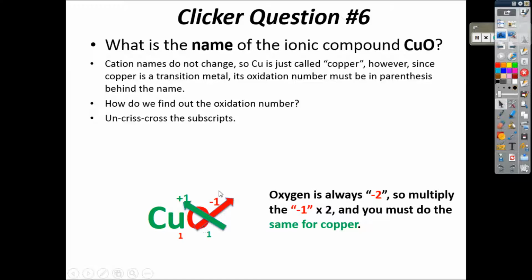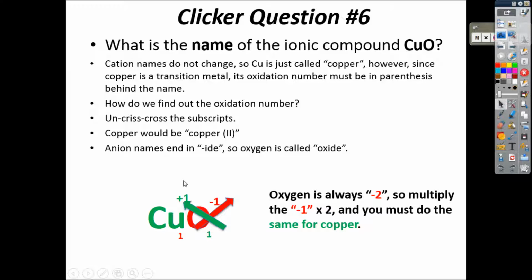However, if you do that to oxygen, you must do the same for copper. Multiply its number times 2, which means copper is going to be +2, so that's copper 2. The oxygen is called oxide, so the answer would be copper 2 oxide. It takes a lot of practice, and you will eventually see the patterns and get the hang of it.